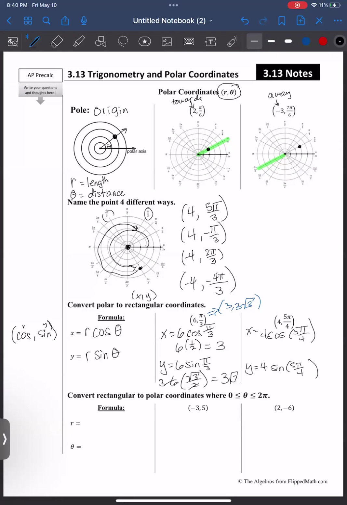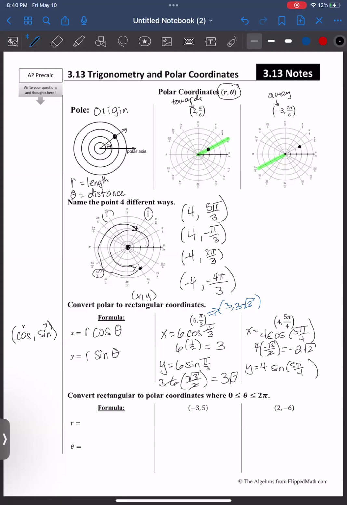Well, conveniently, right above us, we do have a unit circle. So I can easily see that 5 pi over 4 is in quadrant 3, which means that both of these answers are going to be negative. So it's going to be 4 times the negative square root of 2 over 2, which is going to equal negative 2 square root of 2, right?